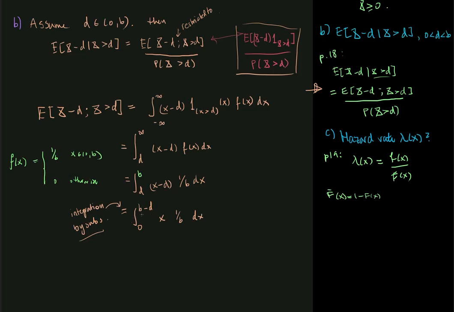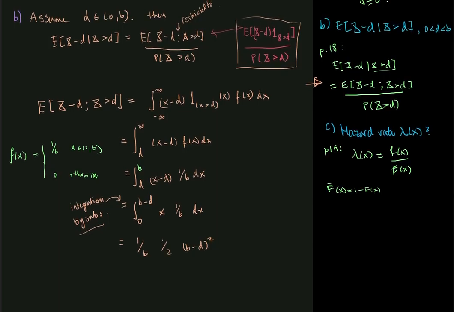If you're not used to this, do the calculations for yourself. Get used to integration by substitution. You can do it, I'm sure. Okay, and then I have that this is given by, all in all, 1 over b multiplied by 1/2 multiplied by b minus d squared. So this is the value of the numerator.